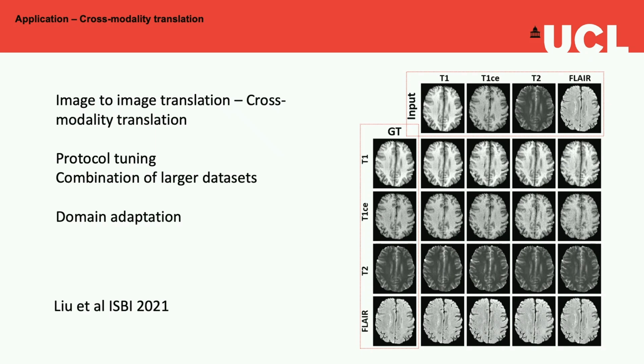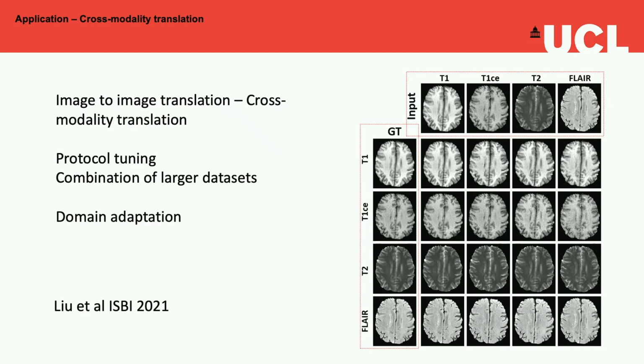One thing that people do a lot is cross-modality translation, especially in cases where you may have missing modalities or you may have changes in protocols. When you want to do multi-center studies, for instance, and it's not pre-arranged, but you want to do it post-hoc, you want to do some domain adaptation or domain harmonization. And people have classically done one-to-one, so just a pair of modalities.